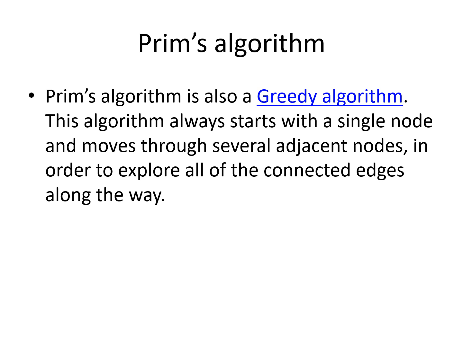In the greedy technique, we use two algorithms to find the minimum spanning tree. The first one is Prim's algorithm and the second one is Kruskal's algorithm. First of all, we will look at Prim's algorithm. This algorithm always starts with a single node and moves through several adjacent nodes in order to explore all the connected edges along the way.